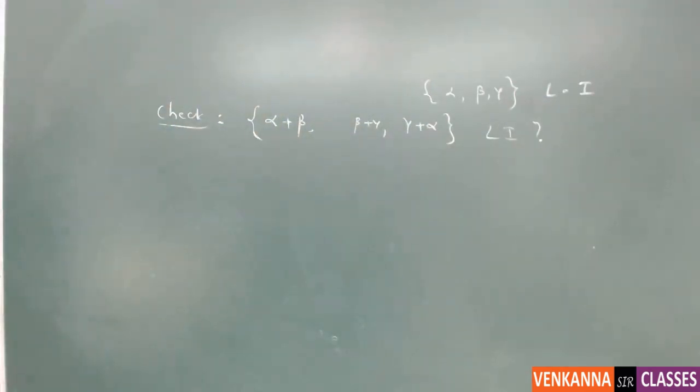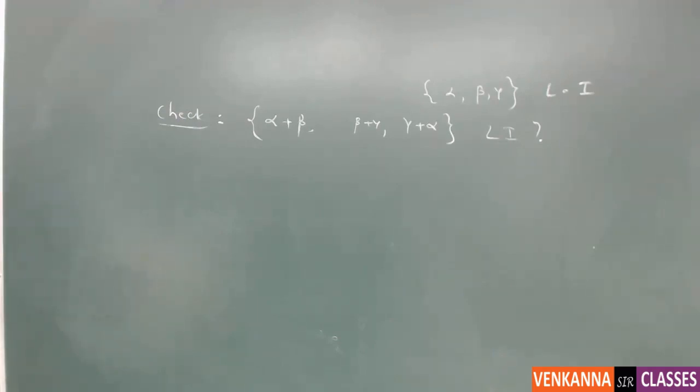So I have given three vectors, alpha, beta, gamma, and I am saying that the three vectors are linearly independent. Now the question is, you need to check whether the sums alpha plus beta, beta plus gamma, gamma plus alpha, the three new vectors, are LI or not. So how are we going to prove it?